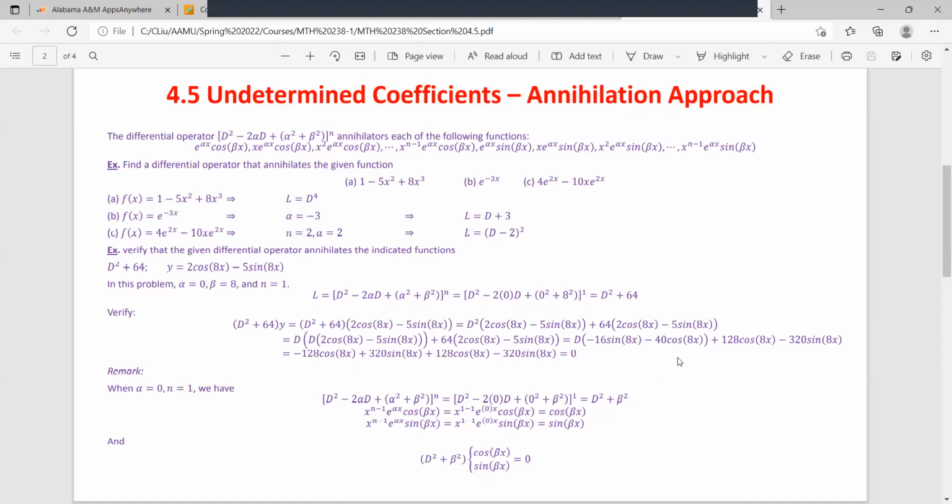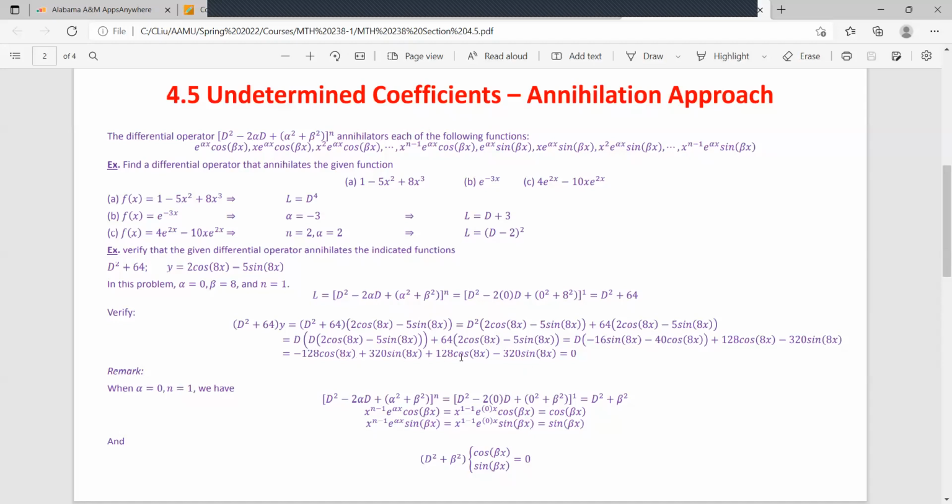And if we take the derivative of cosine 8x, you get negative sine 8x times 8. So the second term becomes negative 40 times negative 8, which is positive 320 times sine 8x. And then we still have 128 cosine 8x minus 320 sine 8x.